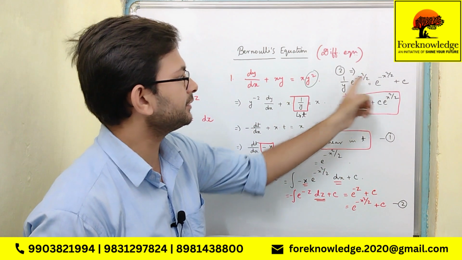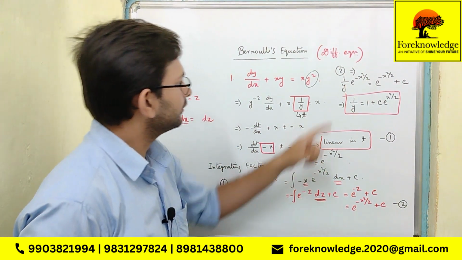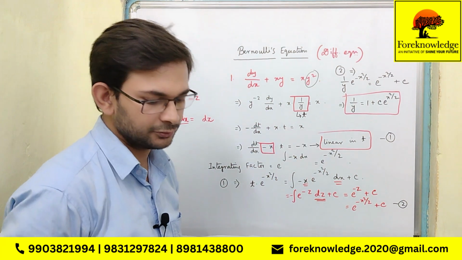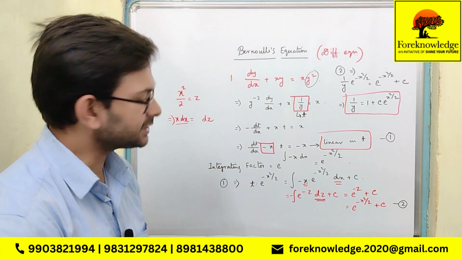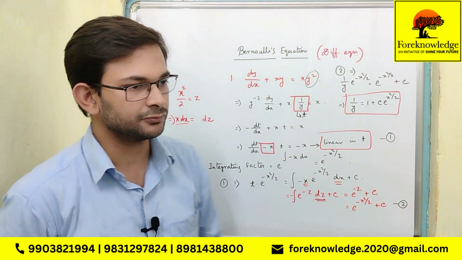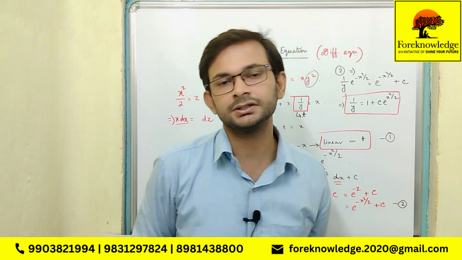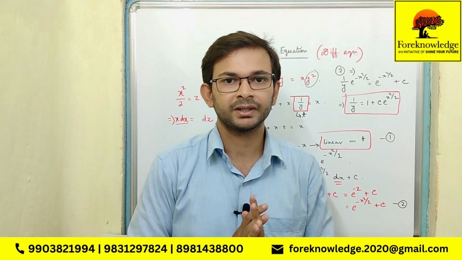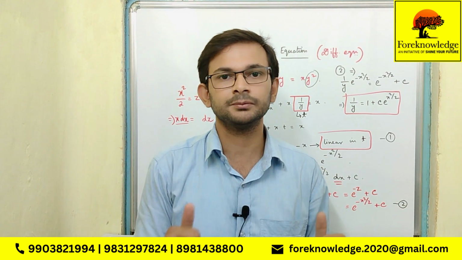Then after simplifying and replacing the value of t, we get the general solution of the differential equation. So that is how you are meant to solve this Bernoulli's equation. That means you have to convert it into a first order linear equation in the beginning. Once you get there, the problem is very simple, the usual procedure.